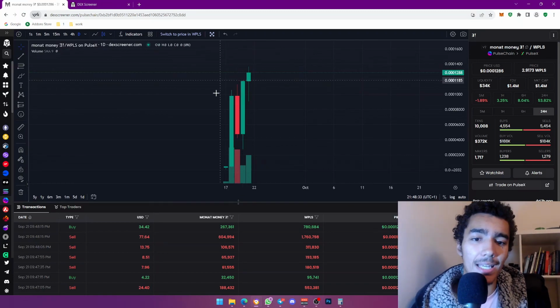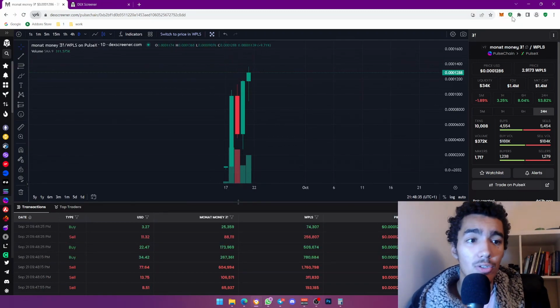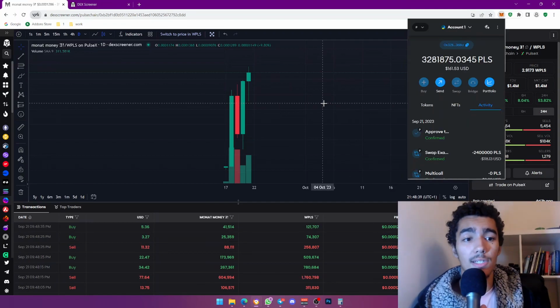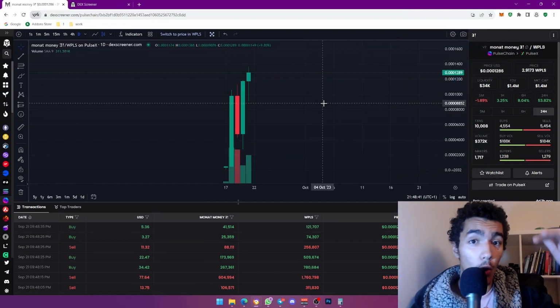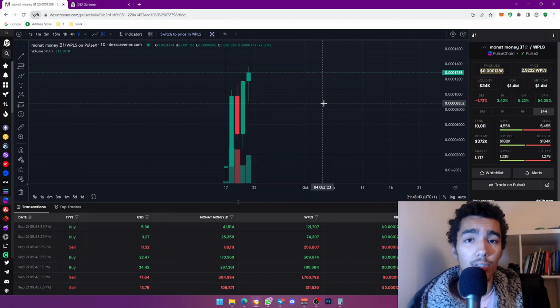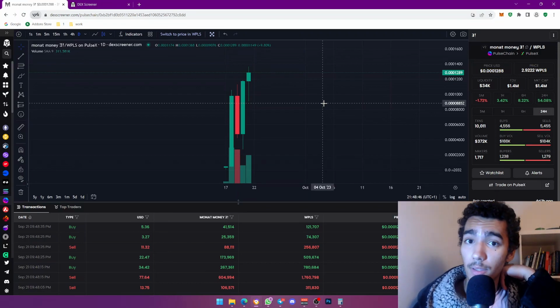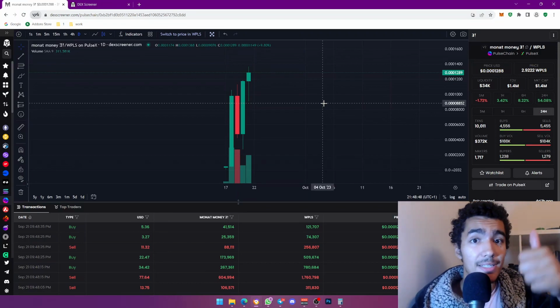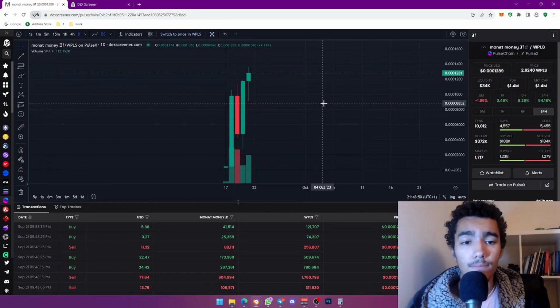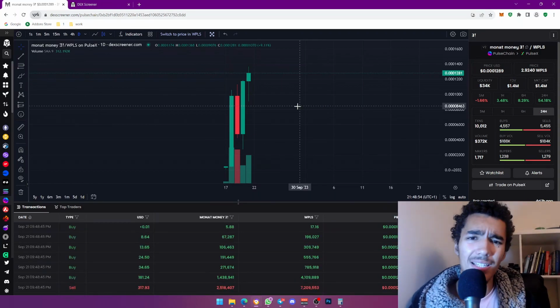Other bits and bobs like that, and how to check and amend your permissions. There's a website that shows you all the permissions you've given to certain dApps and how to revoke them, just in case those dApps get hacked. You don't want to be giving them too many permissions, but that's besides the point.